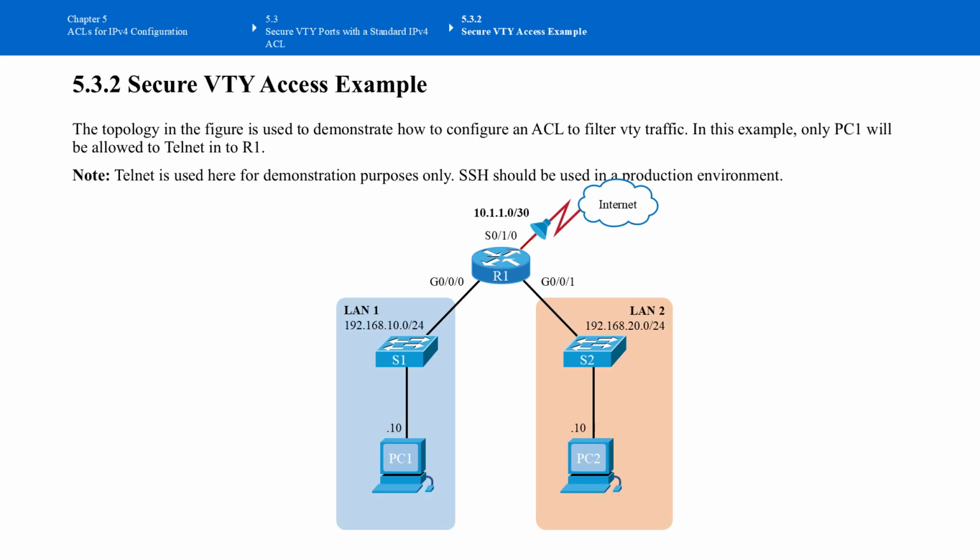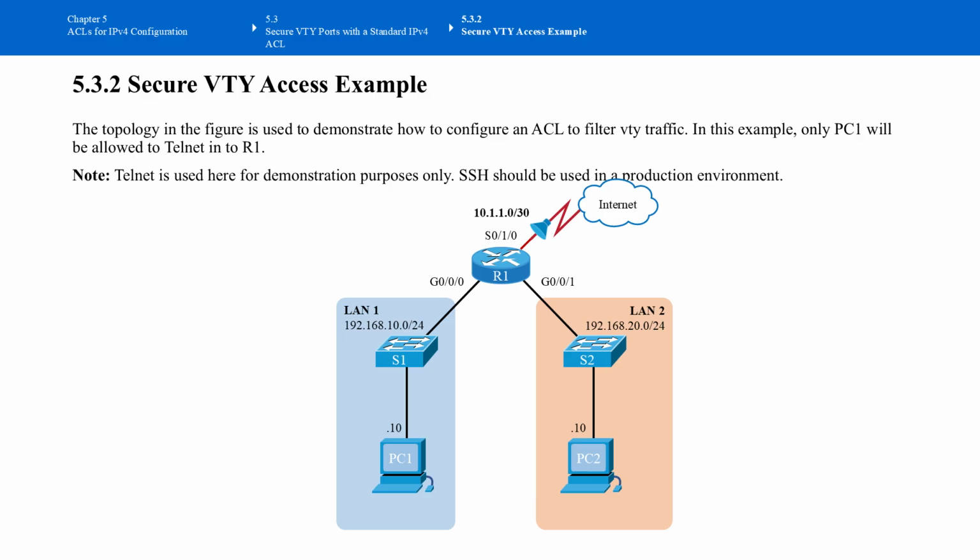5.3.2 Secure VTY access example. In the figure, it shows R1 connected to two LANs. LAN 1 is 192.168.10.0/24, and PC1 is 192.168.10.10.